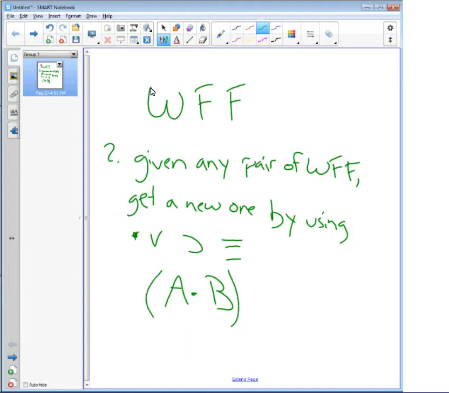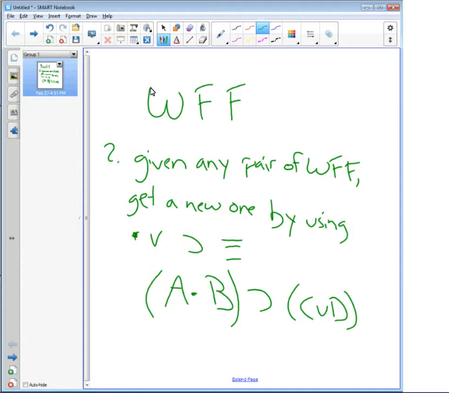We have A dot B, and we have C wedge D. We can connect those with horseshoe. We can do that for any number of formulas. So these four operators are used to connect formulas together to create a new formula.